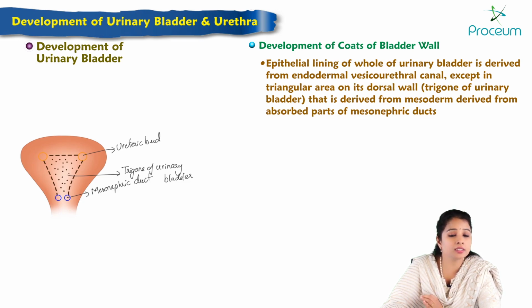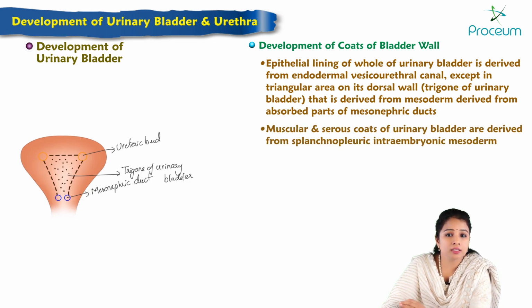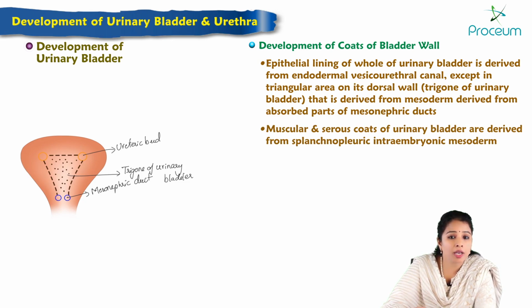The rest of the epithelial lining is from the endodermal vesico-urethral canal. The muscular and serous coats of the urinary bladder are derived from the splanchnopleuric intraembryonic mesoderm.